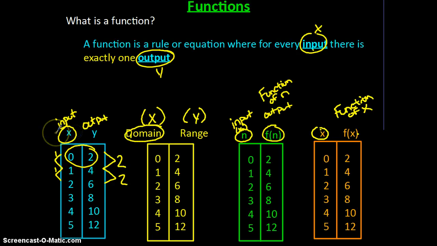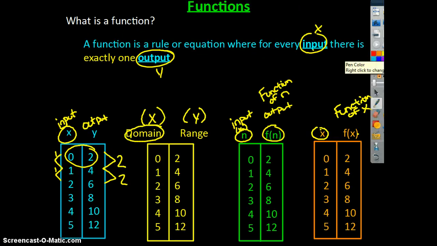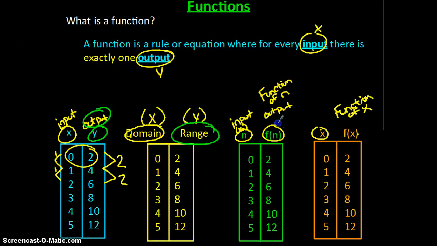Our output is our y value, our range, our f of n, our function of n, our f of x, our function of x. All of those terms, you notice on the tables, are in the exact same place. And all those terms mean the exact same thing. That is what a function is.